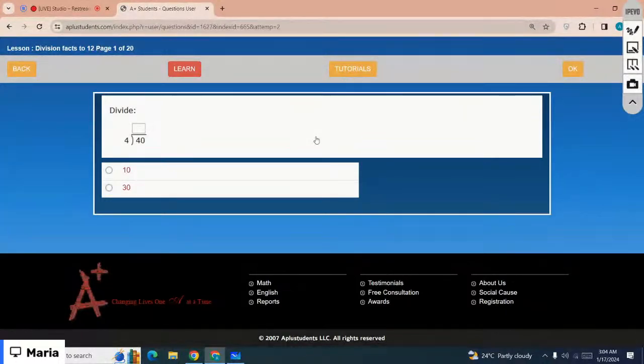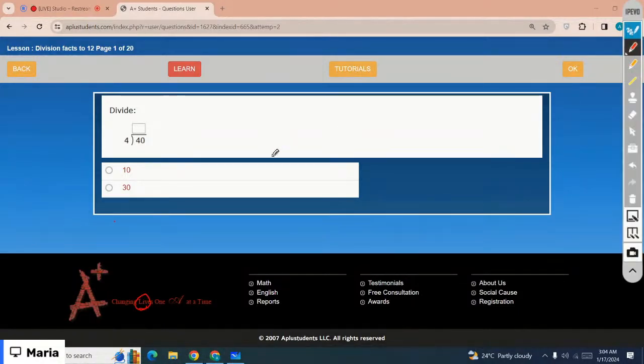For example, the first one right now is 40 divided by 4. You need to count the table of 4 until you get the answer 40. 4 times 10 is 40, right? This sentence is opposite to division. You can write this sentence as 40 divided by 4 equals 10.